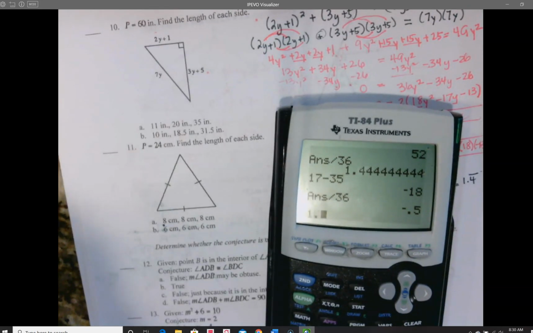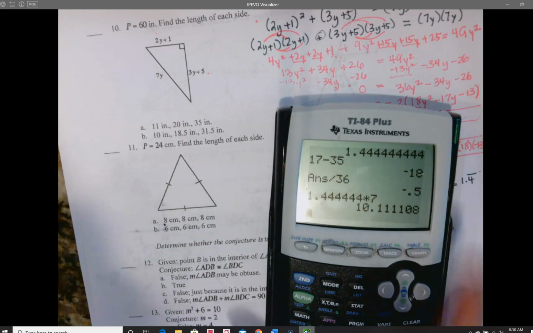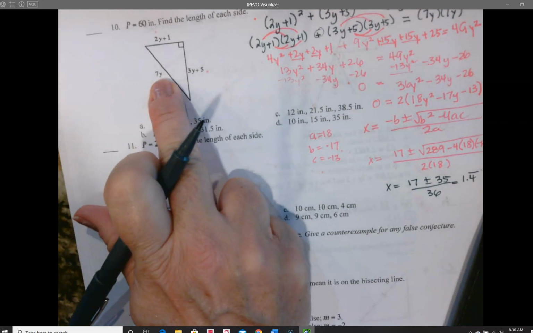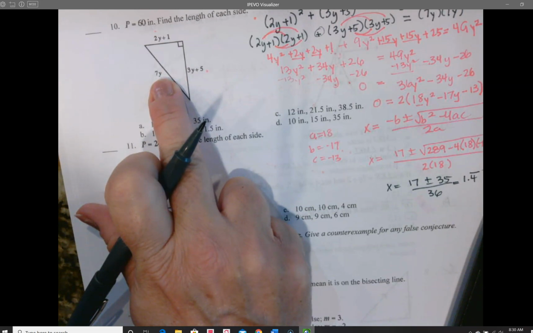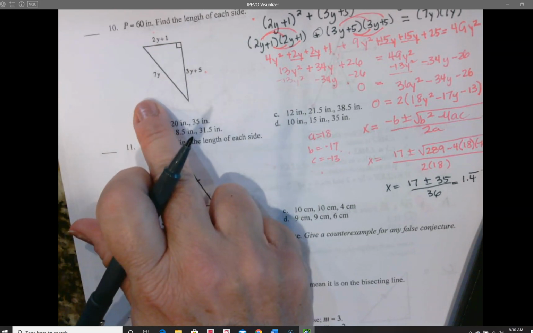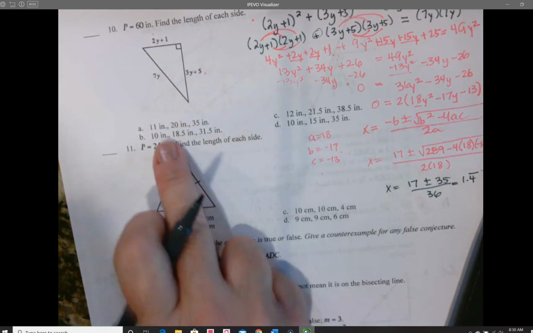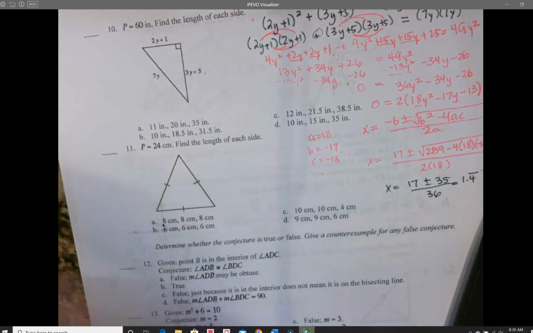Well, let me do that. 7. So that puts the longest side at 10. Not the shortest side. Let me go back to my answer key.